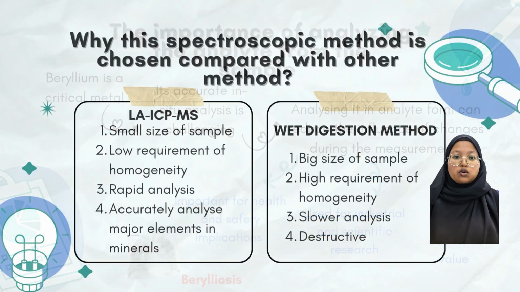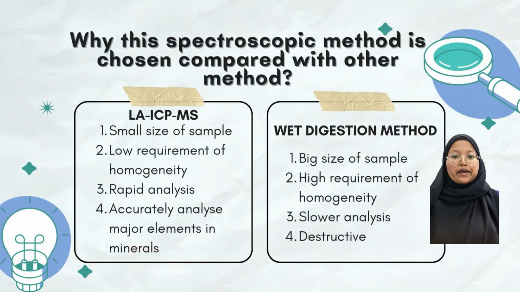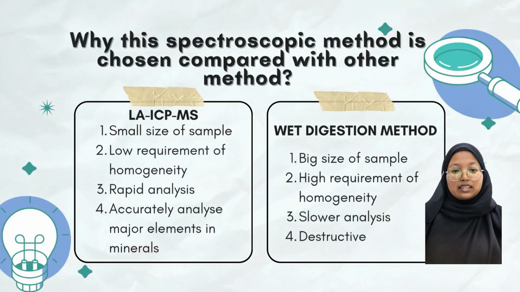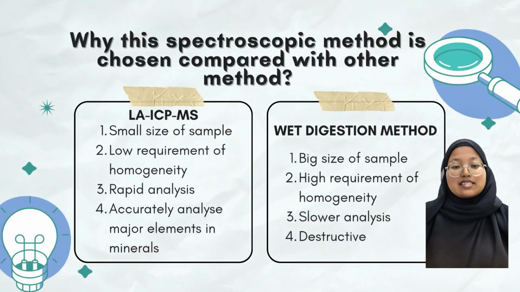Why is this spectroscopic method chosen compared with other methods? Okay, let us compare between the LA-ICP-MS and the traditional wet digestion method. LA-ICP-MS requires a small size of sample, while the wet digestion method requires a big size of sample.